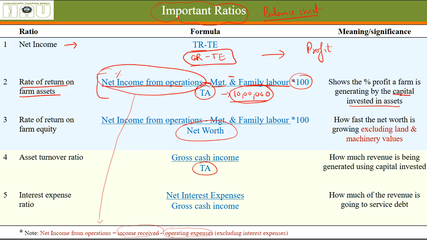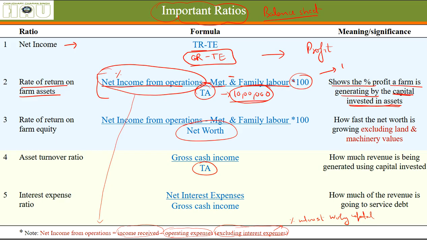Okay, it does not include the interest expenses, that means the percentage interest on working capital is not included. So how much money we are making by running our farm as a percentage of total assets. So it will show the percentage profit a farm is generating by investing capital in assets.